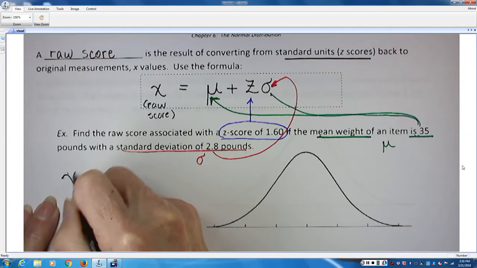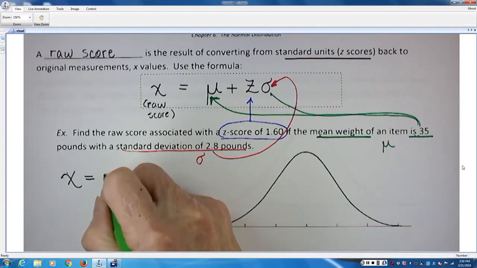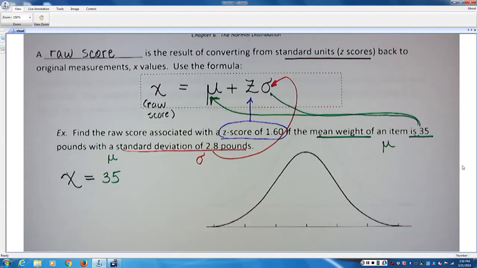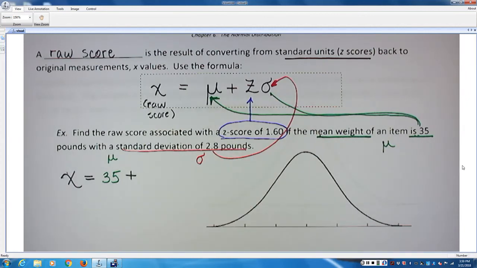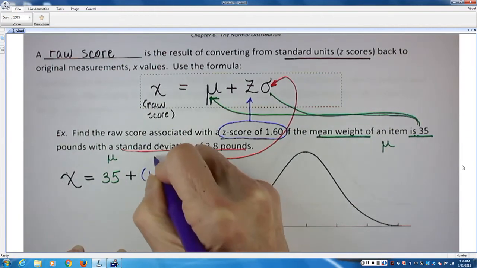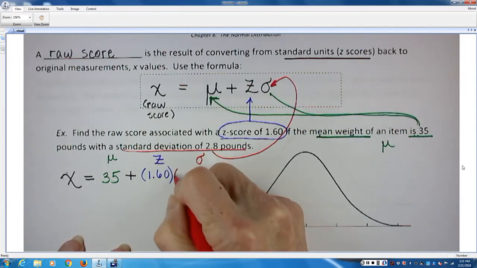Our raw score, which is X, would be the mean, which is 35, plus the z-score, which is 1.60, times the amount of the standard deviation, which is 2.8.